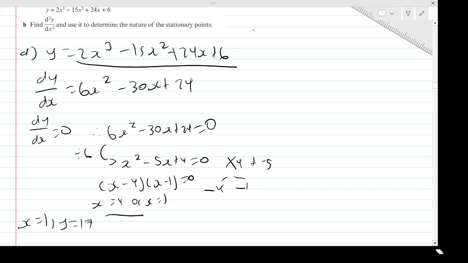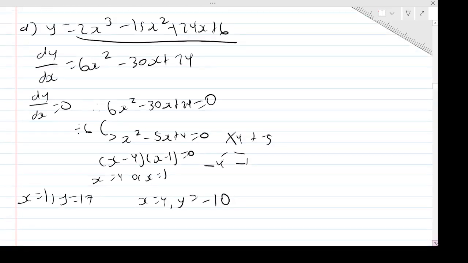And if x is 4, then y, if I substitute 4 into my curve, I get minus 10. So therefore my two points are x is 1, y is 17, or x is 4, y is minus 10. And those are my two stationary points.